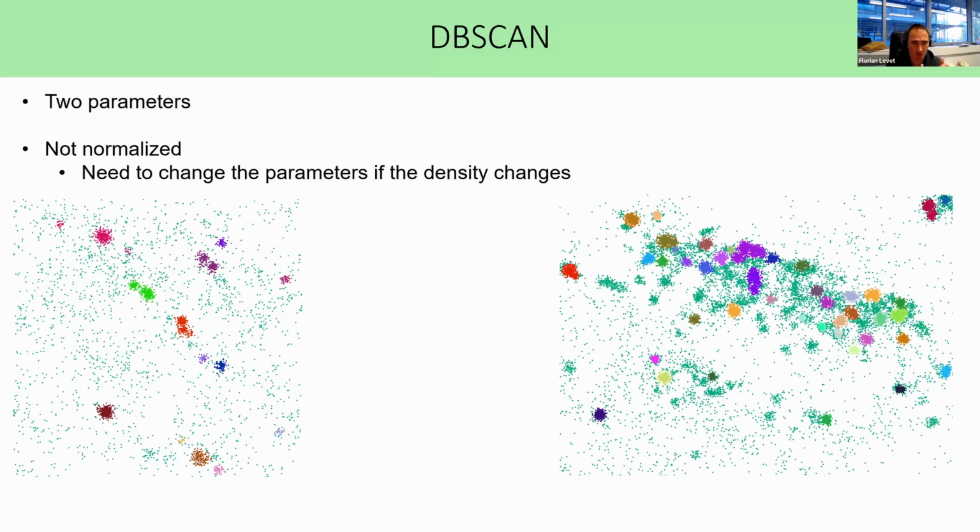So sometimes it can be quite difficult to really fine-tune your two parameters. And the second problem is that it's not normalized. So you need to change the parameter if your density is changing. Maybe not, but in some cases, for instance, if you have 5 times more localizations, you may need to change your parameter in order to be sure that you are able to segment all your data.